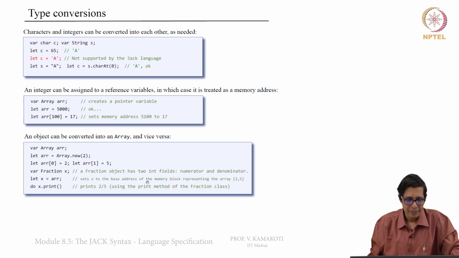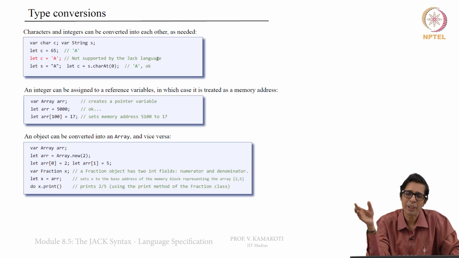So, the type conversion we have already seen. Suppose I say float i and int j, and i equal to j. What will happen is that j is an integer assigned to a floating point number, so j will be converted to a floating point number and assigned to i. Suppose I say j equal to i, in some compilers i, which is a floating point number, will be made an integer and assigned to j.